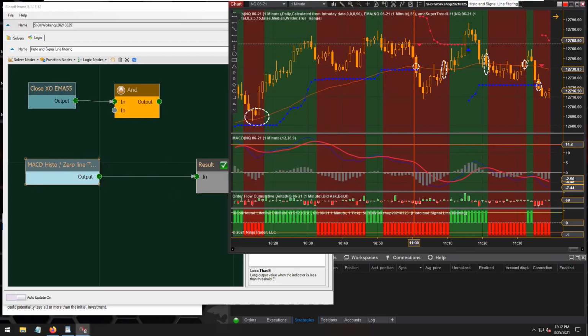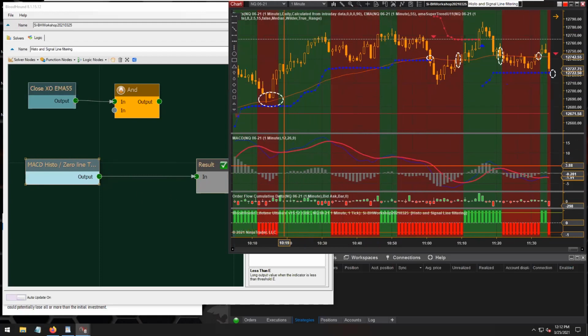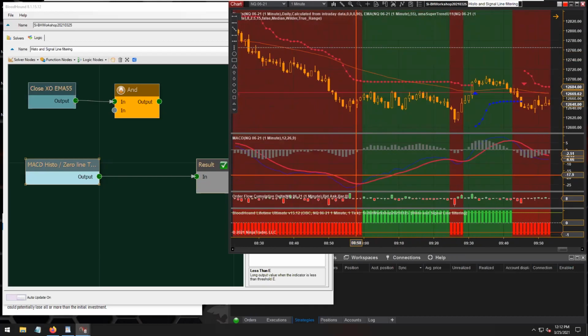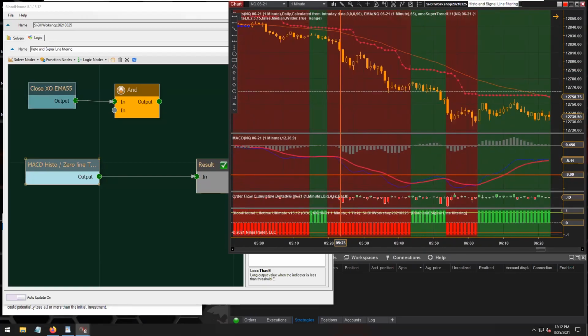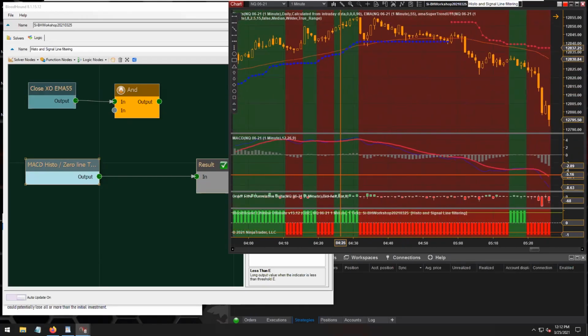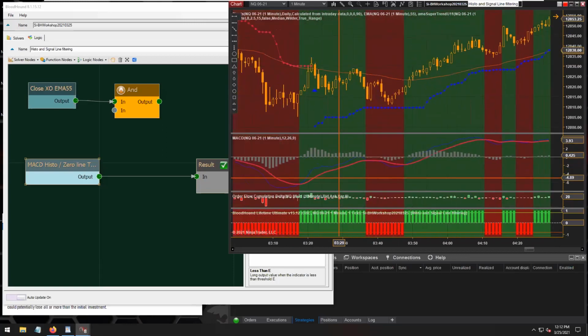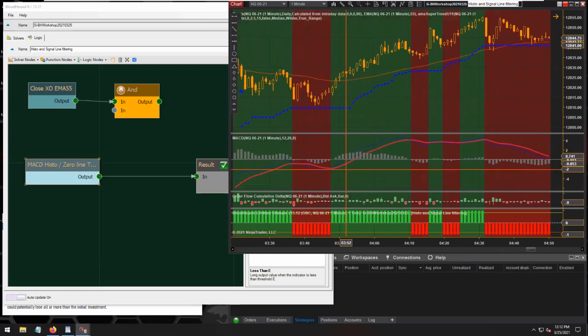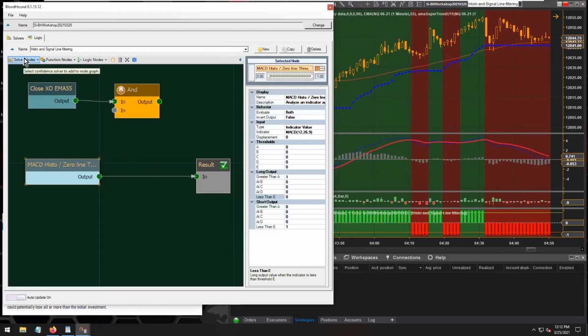Now the next one is, for a long, let's see if we actually have. This may not actually occur with the default settings on the MACD. Yeah, I'm not seeing the signal line falling while the histogram is above 0, but we'll build this out and we'll be able to see if it does ever happen.